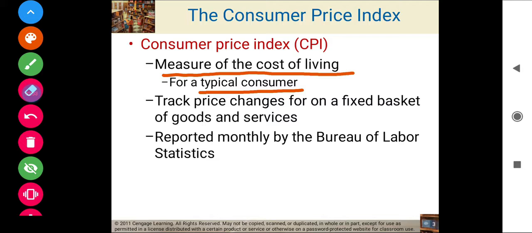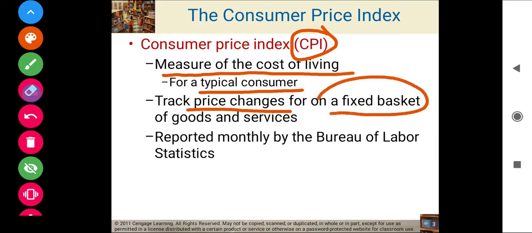So every good and service purchased by the consumer will be calculated in CPI. The consumer price index tracks price changes for a fixed basket of goods and services.